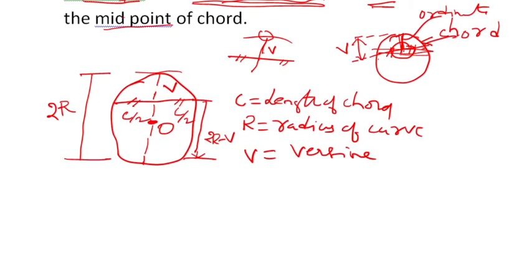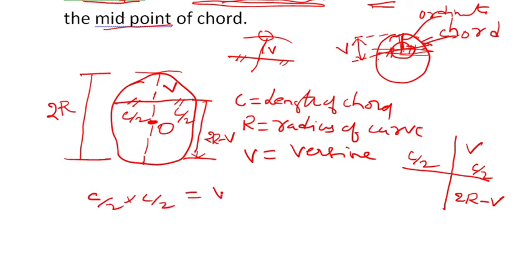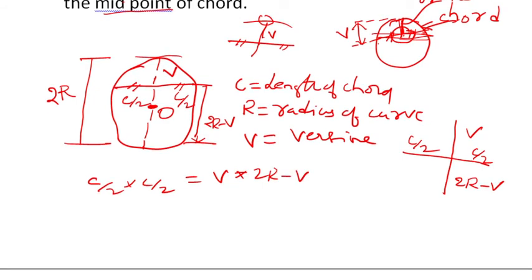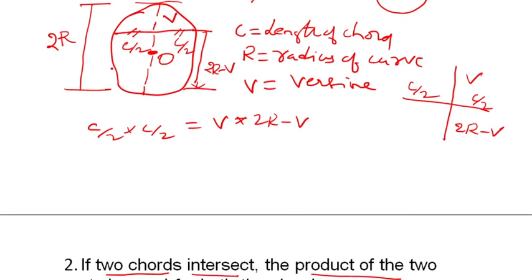See here, you have one chord like this, one chord like this. Here c by 2, here c by 2, this is v and this is 2r minus v. If we multiply these two parts, c by 2 into c by 2 is equal to v into 2r minus v. So c square by 4 is equal to v into 2r minus v.